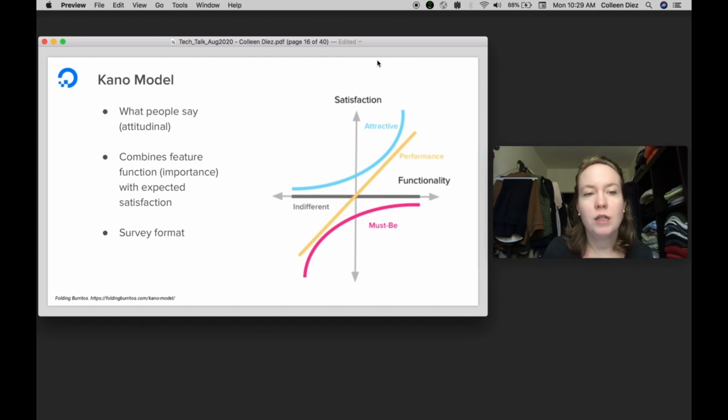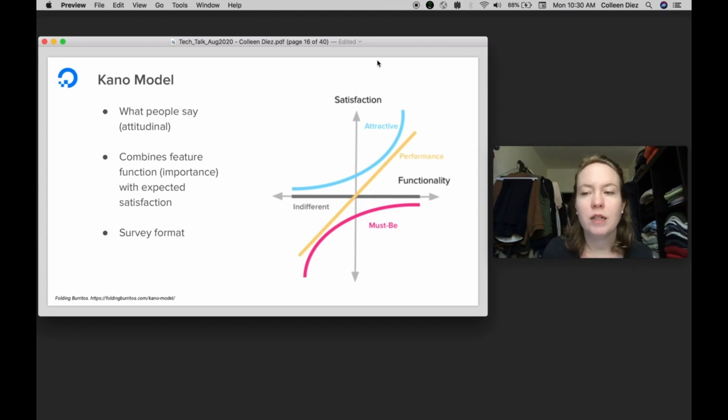It is what people are saying about your product, so it is attitudinal data, but it's combining both the feature's function or importance with the expected satisfaction that customers are expecting to get out of it before that feature exists.